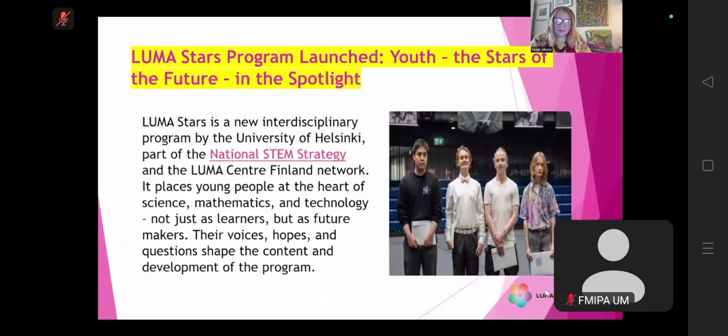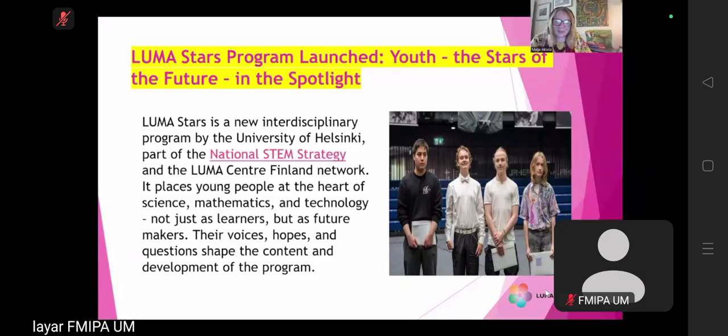This summer we started the Luma Stars program, and in this program, these young people are co-designing with us the program and topics. And this summer we were choosing sustainable green energy as a main topic and sustainability.